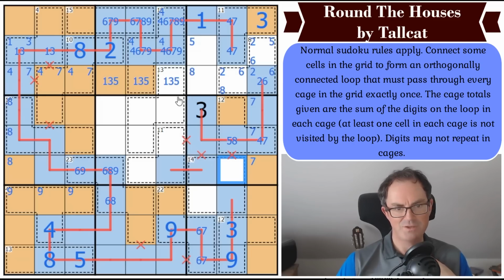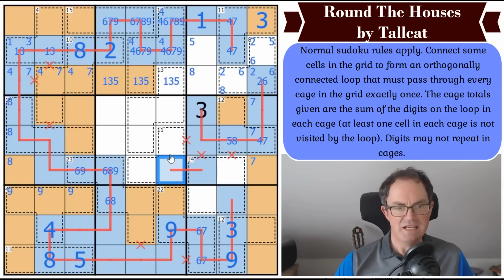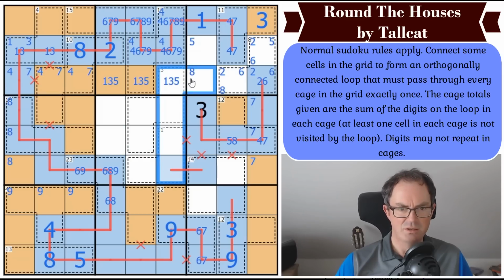So we are going to have to go. The thing is, I can't see how I know. I now know I go from the 11 into the 13, but I don't know how I do that.